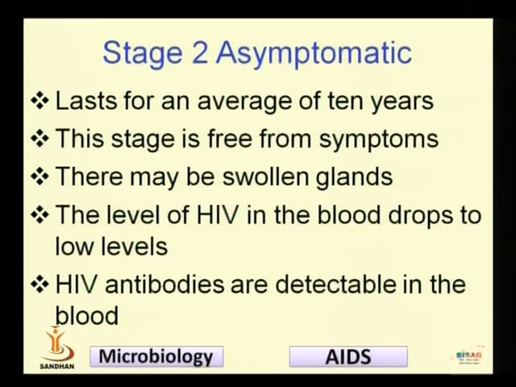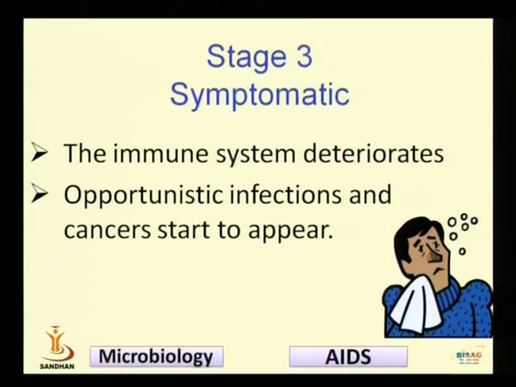The person is free from any kind of symptoms. However, there might be swollen glands and pain in certain glands, and even the level of HIV virus in blood drops very low, and probably it may escape detection. However, the HIV antibodies can be detected in blood.